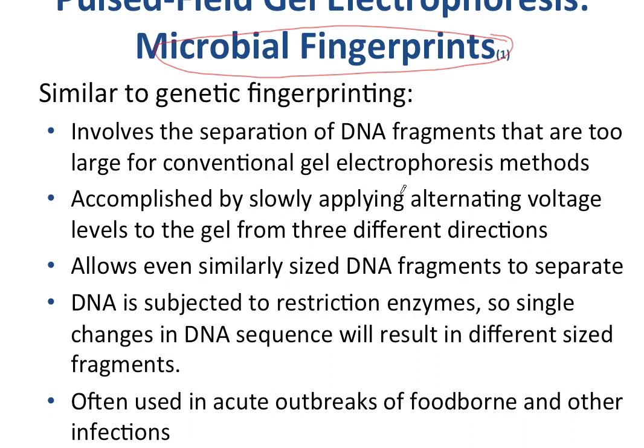Since the DNA is very long, we can cut the DNA into several relatively small fragments and run the electrophoresis. This electrophoresis is very special because the device applies alternating voltage to the gel from three different directions. So it can separate similar size DNA.